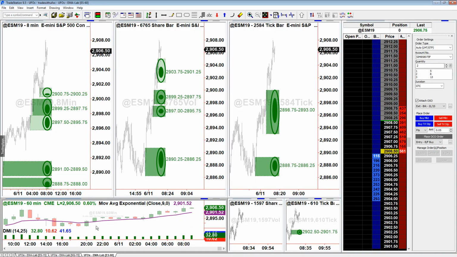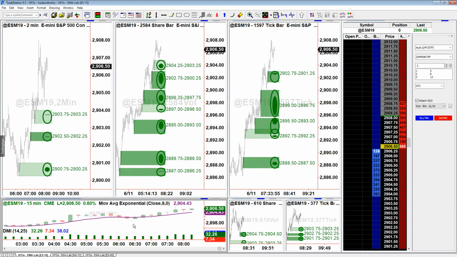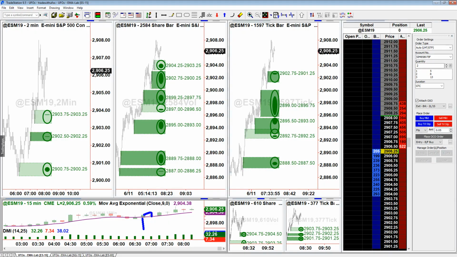Whereas if you have done something similar with the S&P 15, let's say you got into this trade. You have a close above the average, the DMI is green. So let's say the S&P came back into a UFO in this candle, you got in, and you got out at this point. That was a 4-candle duration. 4 times 15 is 1 hour.